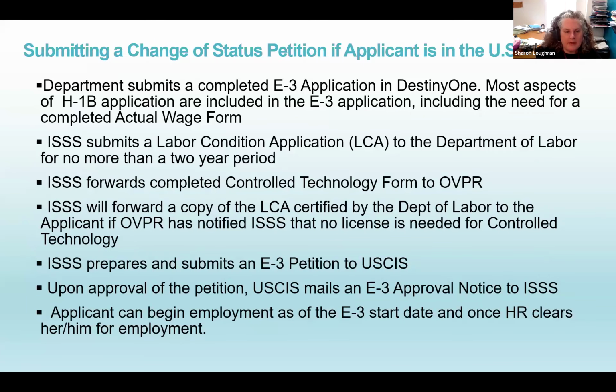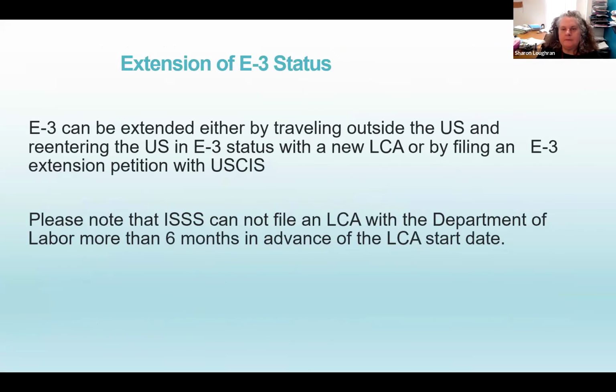This is just more about the process of what we would do for an E3. Again, it is very similar to an H-1B. Next. So someone can extend E3 status by an extension in the US, or they could travel and come back. It's easier for us if they travel and re-enter.